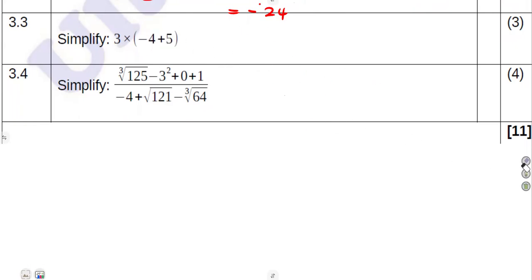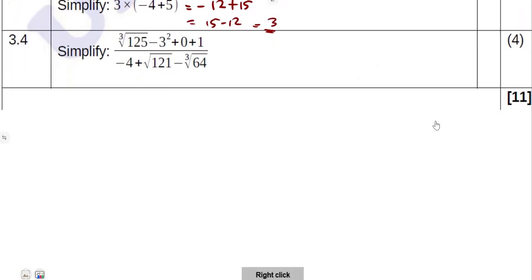Another way is to distribute by 3. 3 times negative 4, that's negative 12. 3 times 5, that's 15. This is the same as 15 minus 12, which is going to give us a 3. Same answer as before. So as we can see, guys, we are obtaining the same answer.